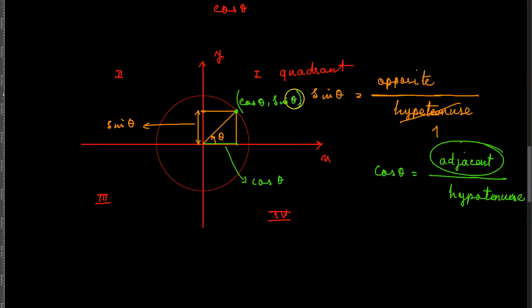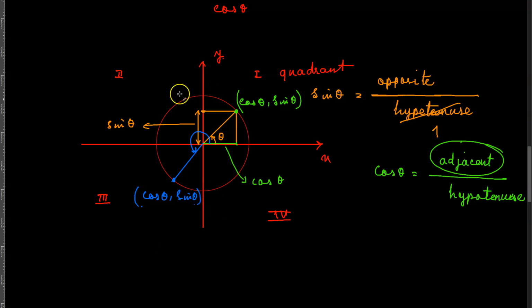And of course that applies to any angle that you have all around the circle. If you have some angle like this, whatever that is, then this point on the circle, again, the coordinates of this point become cos theta, comma sine theta, right?